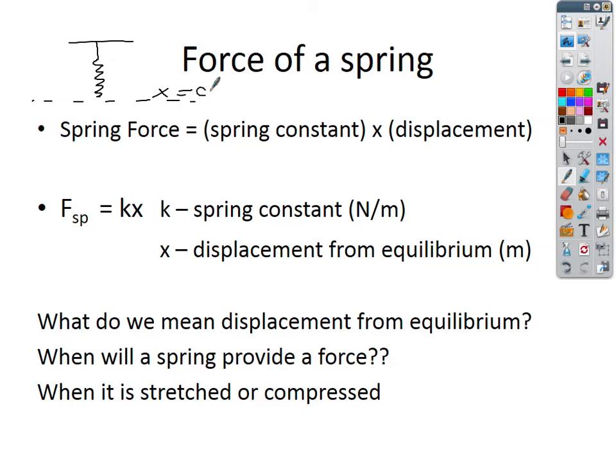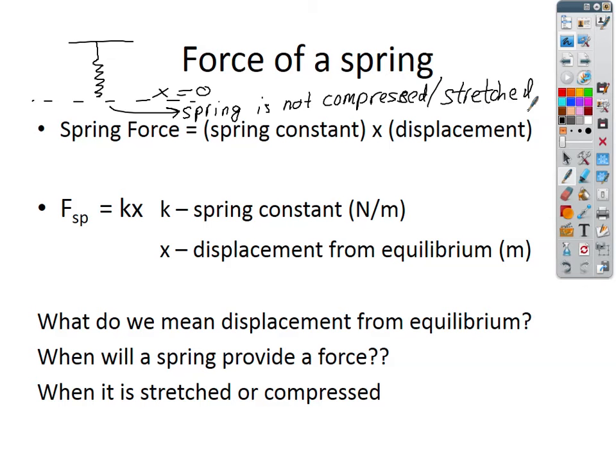This would be x equals 0 because what we're saying is the spring is not compressed or stretched. All right, that is what we mean by being at equilibrium. It's not compressed or stretched. What do we mean by displacement from equilibrium?